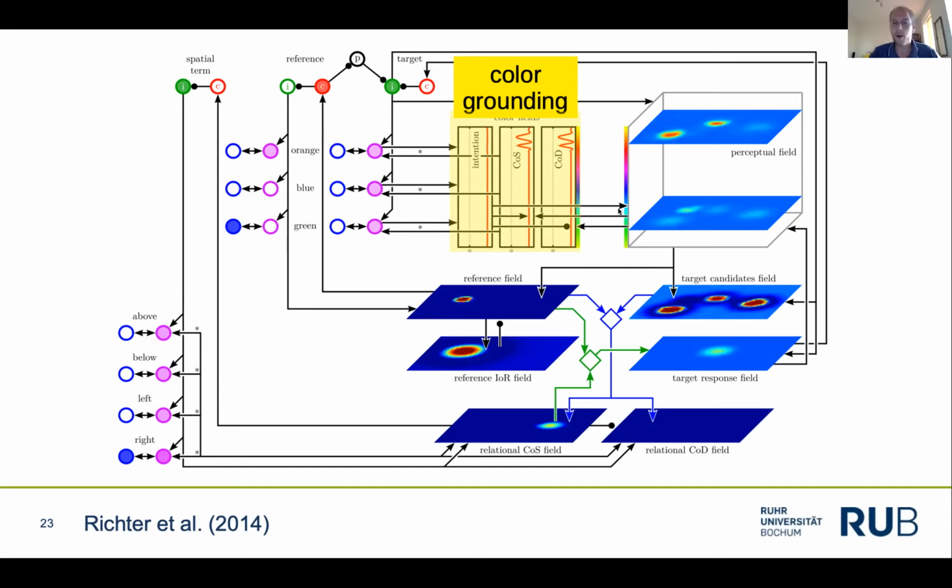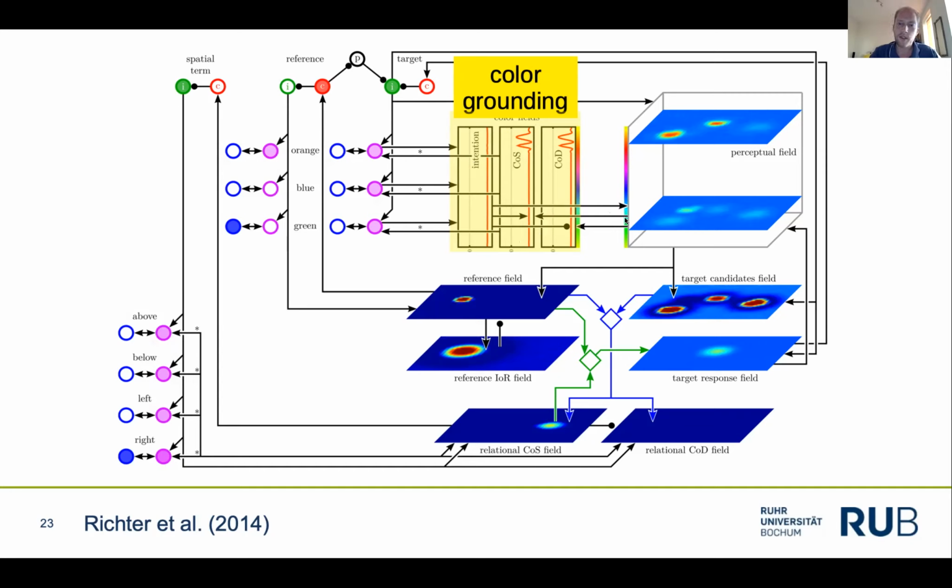Now, in order to determine whether an object of the intended color has in fact been found in the perception field, we introduce a condition of satisfaction field. That field is again one-dimensional, and it receives input from the color intention field, creating a subthreshold bump on the color that we want to find.